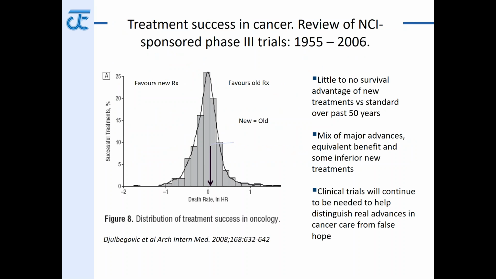Here's an example of a review of some of the older trials done in cancer over some 50 years, where new therapies were compared with the old therapies in randomized trials, where the hope, based on the observational data, was that this would lead to improvements in outcomes. And for these particular studies, the average treatment effect was 0, i.e. the new treatment on average was equal to the old treatment.